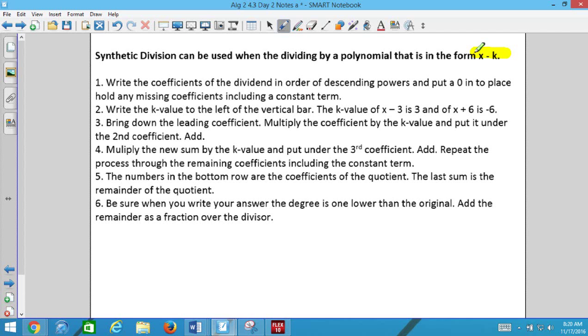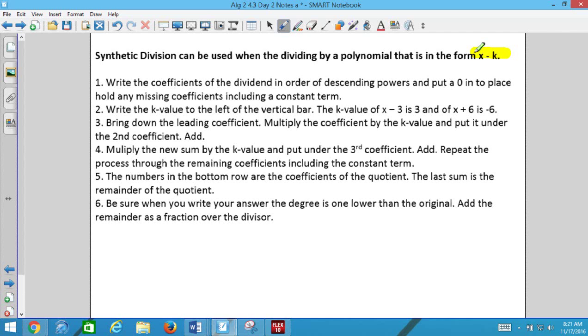If what we are dividing by is in that form, x minus k, then we can do synthetic division. I will show you the x minus k each time we do the examples so you start understanding what that form is. Basically, there's an x by itself, no squared, no number in front of it, and then we've got another number with it. That's it. That x is by itself.